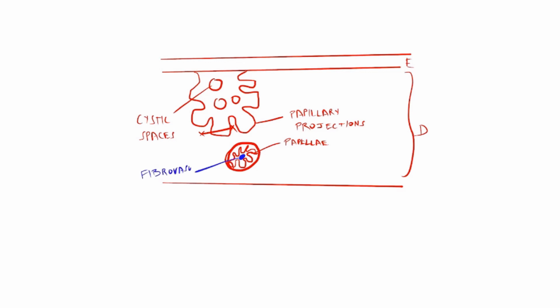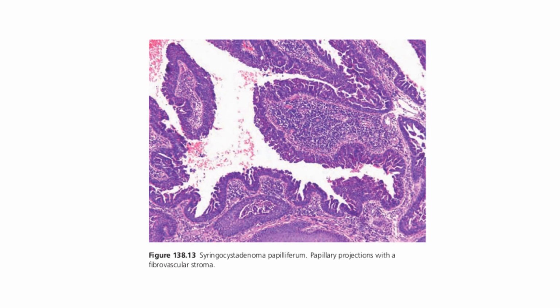And the center is having a fibrovascular stroma which has a lot of plasma cells. Right, and the lining is, as I said before, it is 2-cell layer thick. So this is how it looks under the microscope.